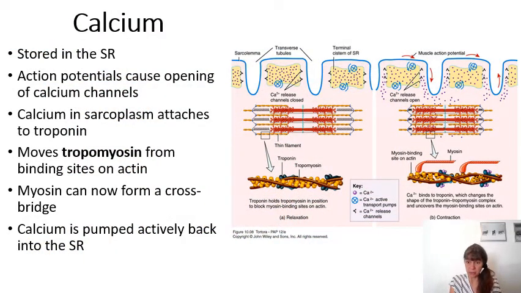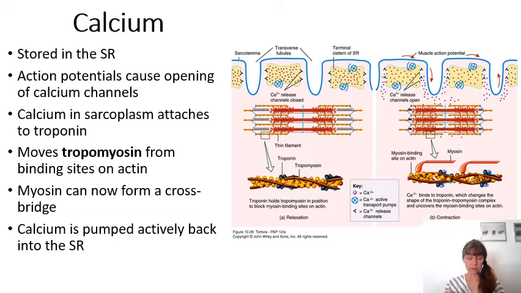Calcium is stored in the sarcoplasmic reticulum. When the sarcolemma of the skeletal muscle fiber depolarizes because of that end plate potential that occurred with nerve stimulation and the release of acetylcholine, as the electricity spreads from that end plate potential across the sarcolemma and goes down the transverse tubules, remember that the proteins embedded in the transverse tubules will change shape in response to the effect of the electricity.